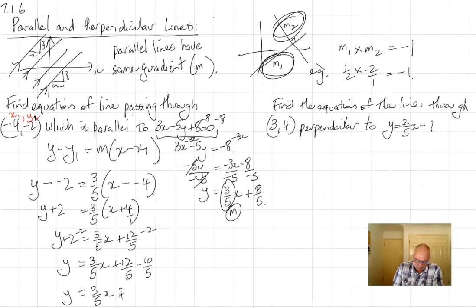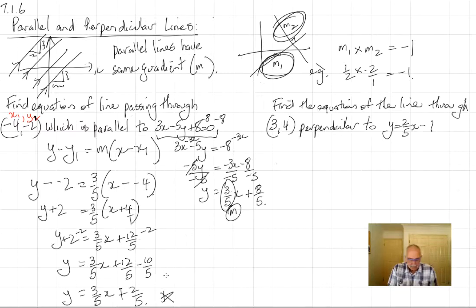It would be plus 2 on 5. Alright, so there's the equation of the straight line, which passes through negative 4, negative 2, and it is parallel to this line. And this line has a gradient of 3 over 5. Certainly they both have a gradient of 3 over 5.